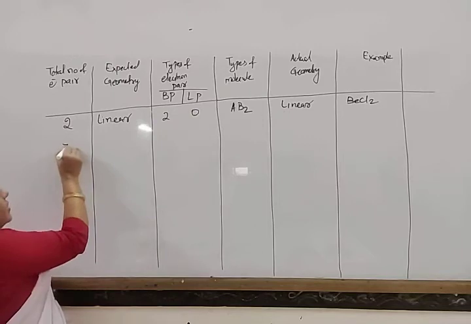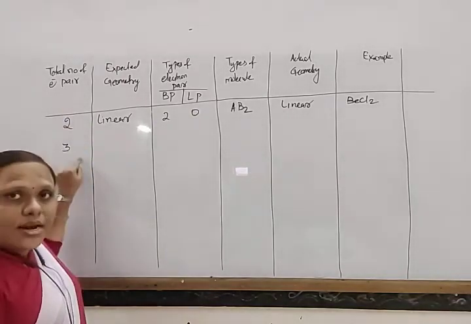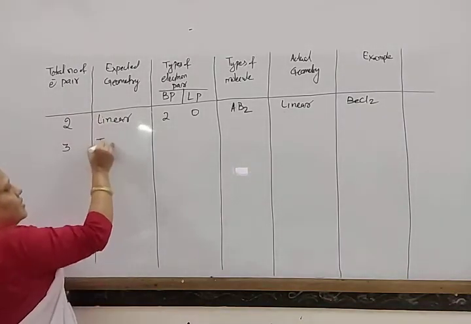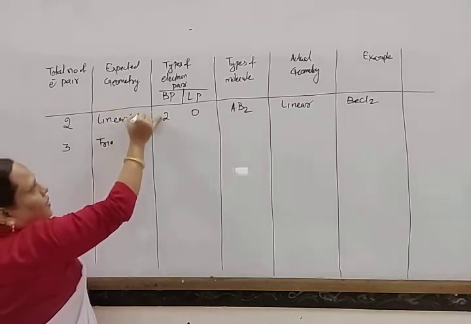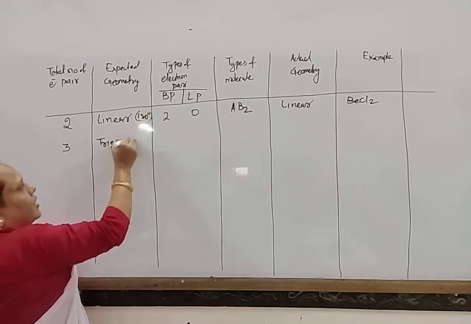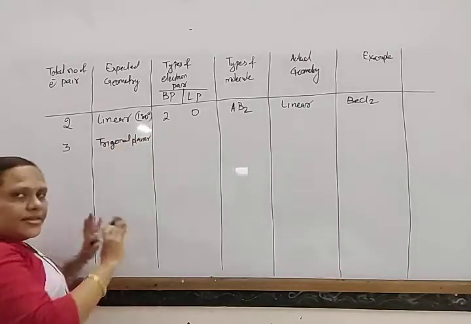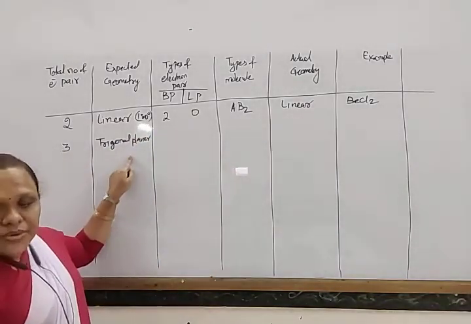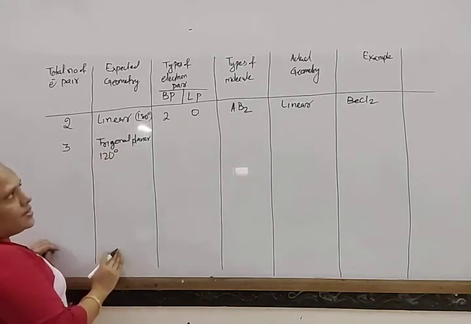Next, for 3. If it is surrounded by a total of 3 electron pairs, its expected geometry is trigonal planar. Linear means a bond angle of 180 degrees. For trigonal planar, the bond pairs arrange themselves so that the bond angle becomes 120 degrees.